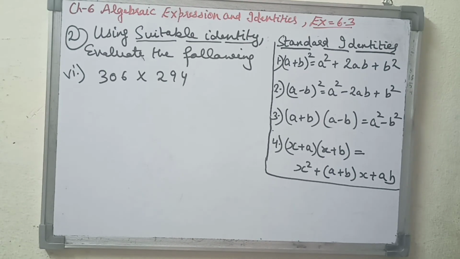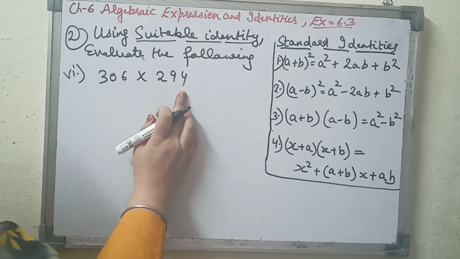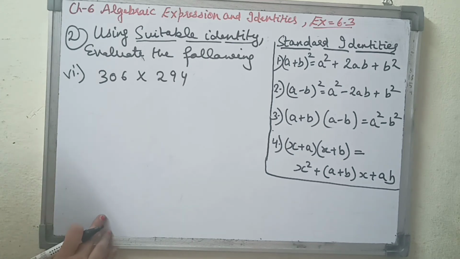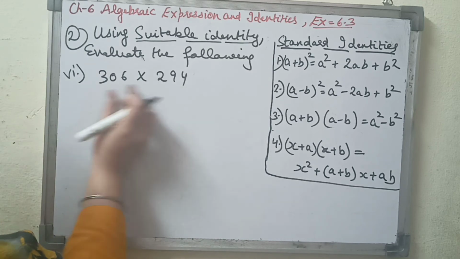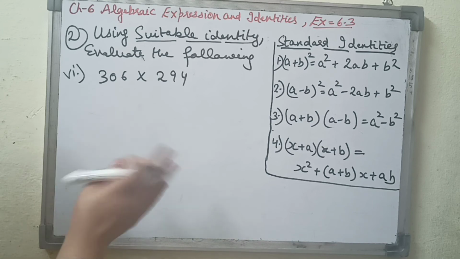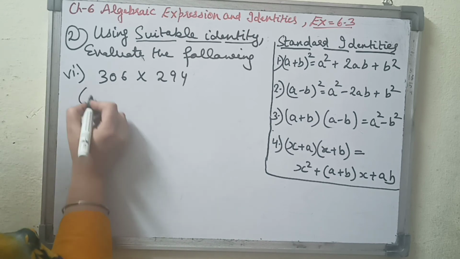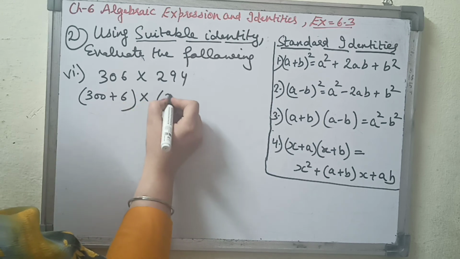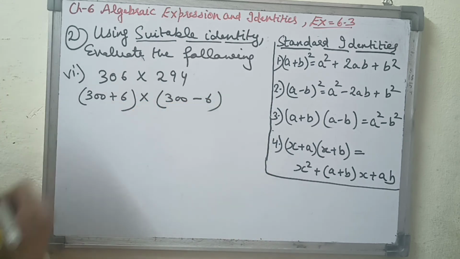Now when we multiply 200 into 4, we will get 800 here. Now the sixth part is 306 into 294. There is no such identity for these two multiplied numbers, so we write these two numbers in such a way that the first term and second term in both brackets are the same. 306 can be written as 300 plus 6, and 294 as 300 minus 6.